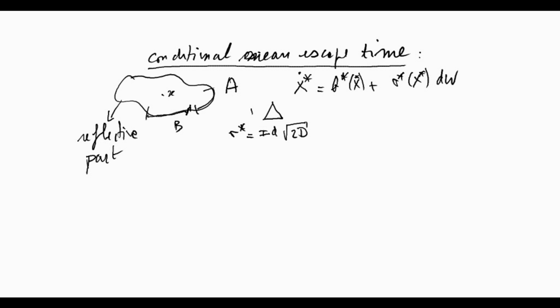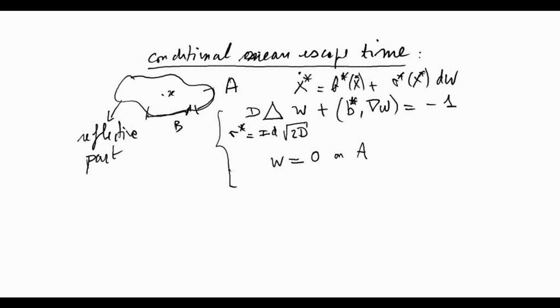So we have here d Laplacian of W plus B star gradient W equals -1, and by definition we need to have W equals 0 on A. So this is the condition, and so we need also a reflecting boundary condition.